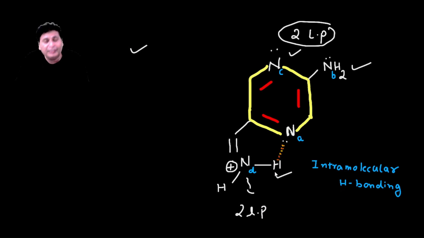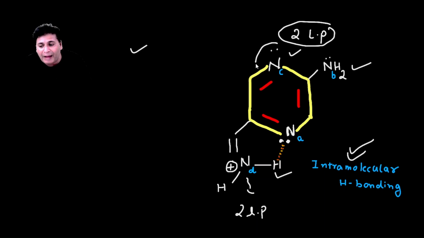Now this hydrogen can make an intramolecular hydrogen bonding with the lone pair of the A, and this intramolecular hydrogen bonding releases energy and is good for the health of this conjugate acid, this cation, because there is an attraction developing in these 5 atoms. A 5-membered ring is created due to intramolecular hydrogen bonding.